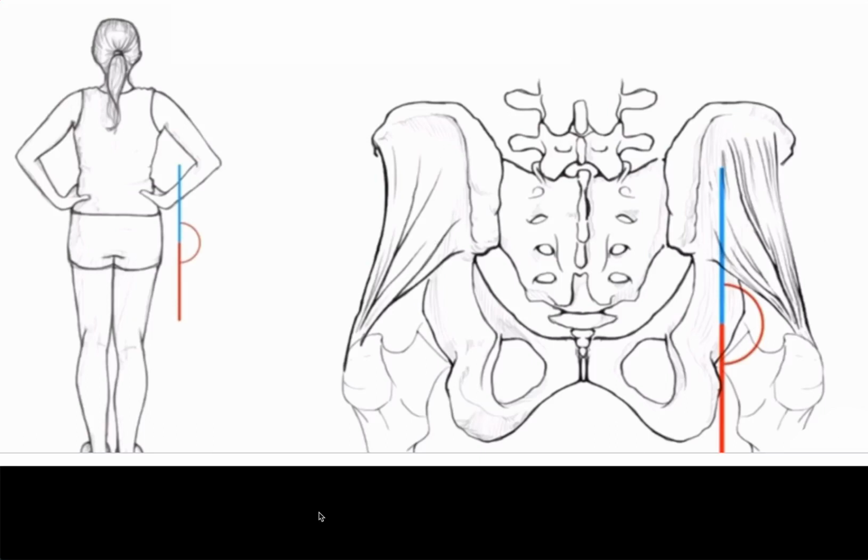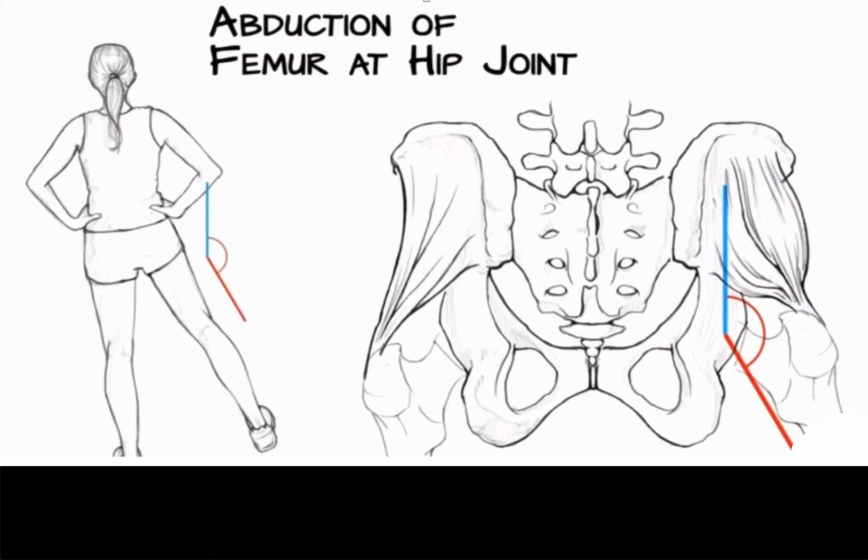So now, going further, this is a normal neutral standing position. Now this is how, when we abduct our femur at the hip joint, this is what we do. And you can see that when I'm standing like that, my body stays erect. This muscle contracts.